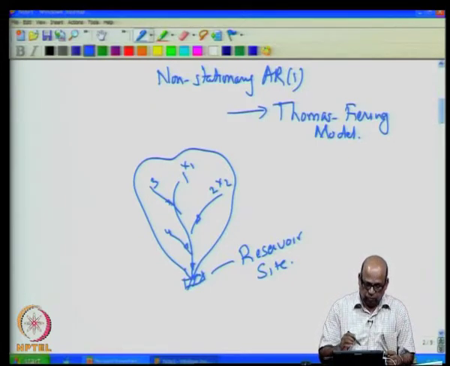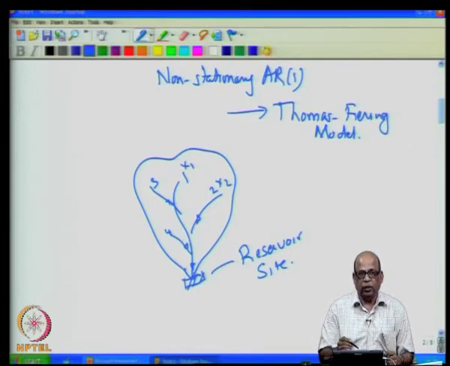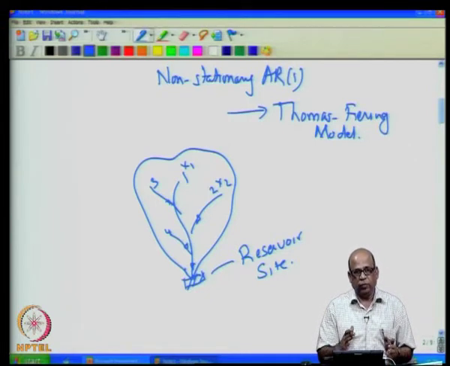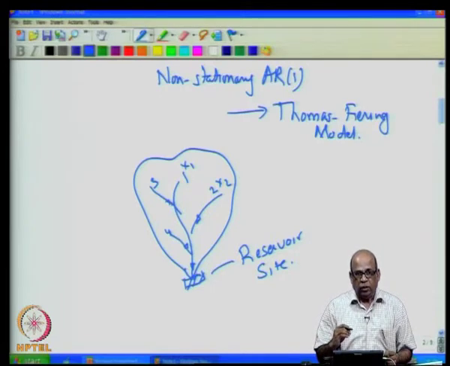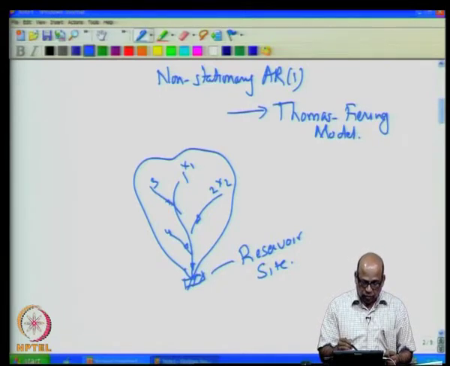Whereas, when we come to problems such as these, where you are talking about simultaneous behavior of several random variables x 1, x 2, x 3, x 4 etcetera, and you want to incorporate these features of the simultaneous behavior into the data generation model or into the stochastic models, then we need to look at not only the autocorrelations that exist in the series x 1 and in the series x 2, but also the cross correlations between x 1 and x 2.